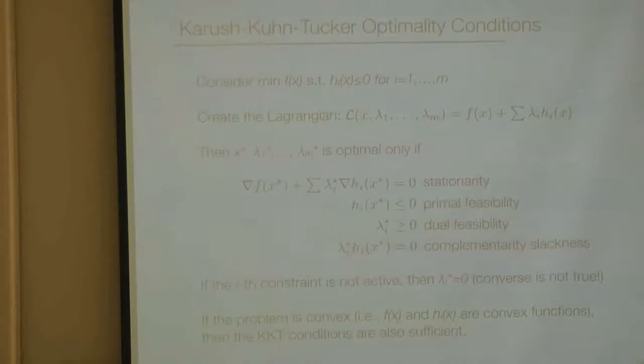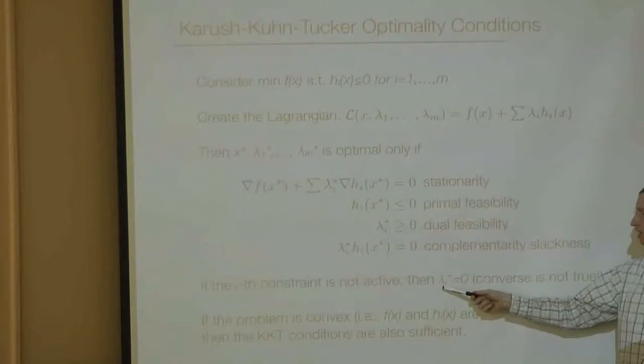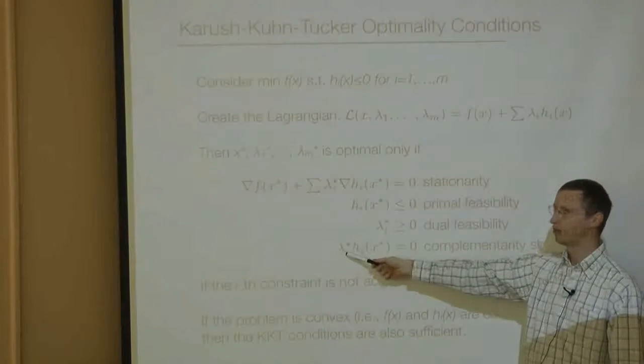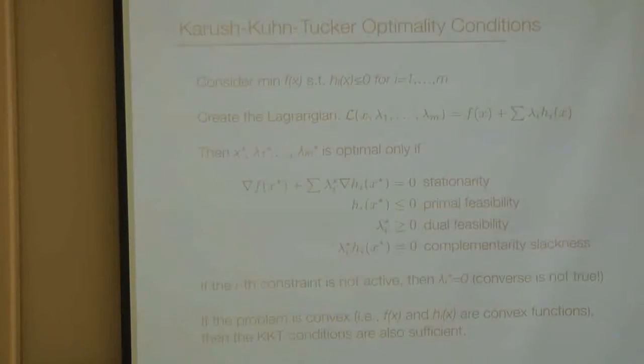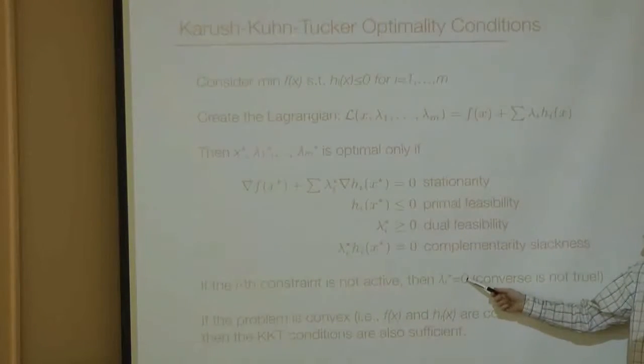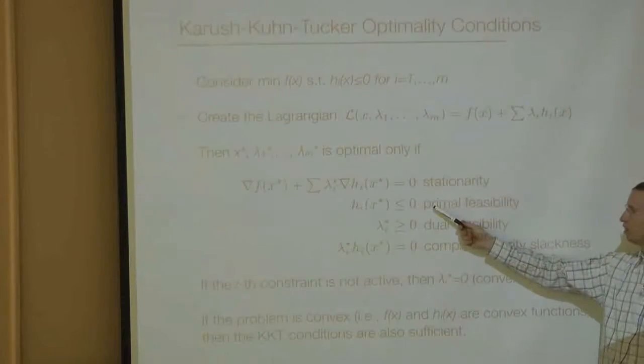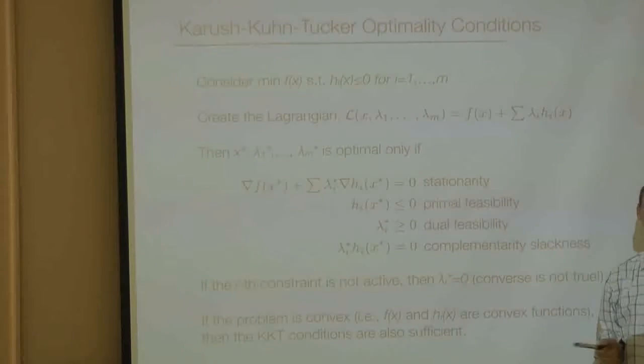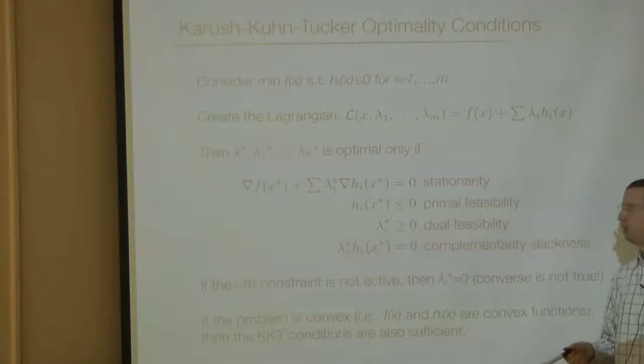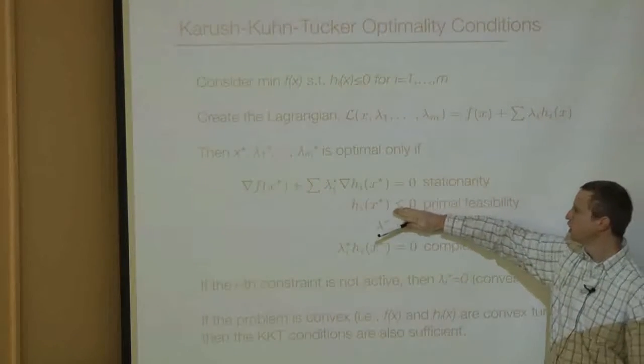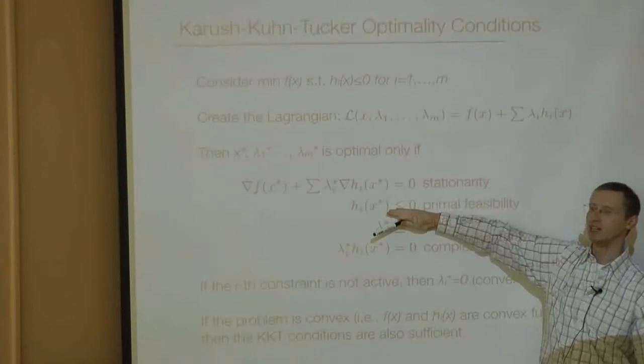But we know at least something. We know that for certain cases, the value of the corresponding Lagrange multiplier in this complementary slackness condition is 0. And the case when lambda is for sure 0 is when the corresponding constraint is not active. A not active constraint means that we essentially have strict inequality here. Okay?